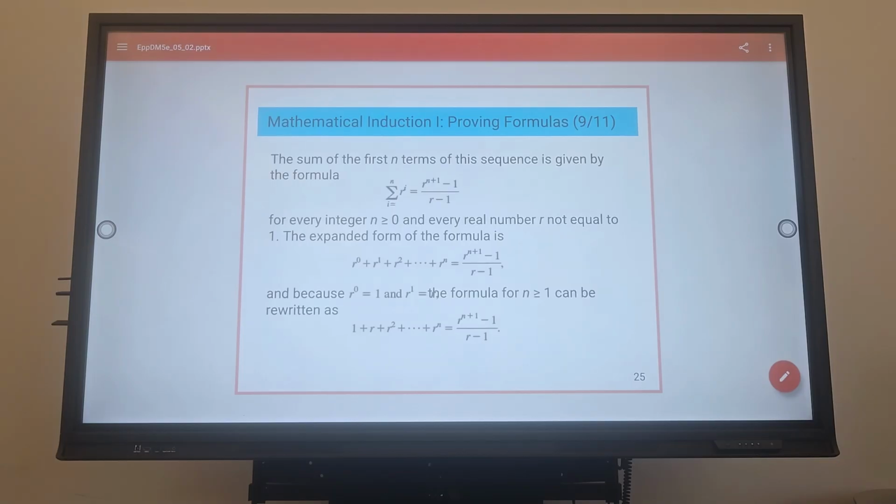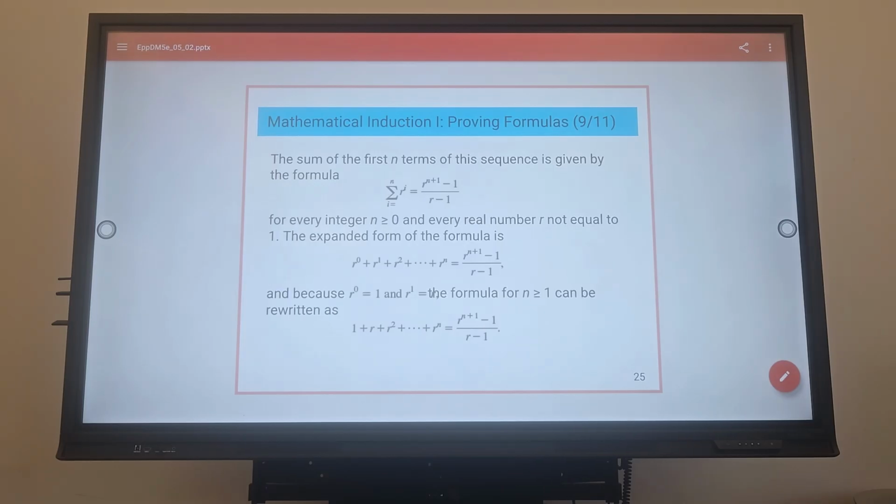The expanded formula is given here because r to the 0th power is 1 and r to the first is r. The formula for n greater than or equal to 1 can be rewritten as this.